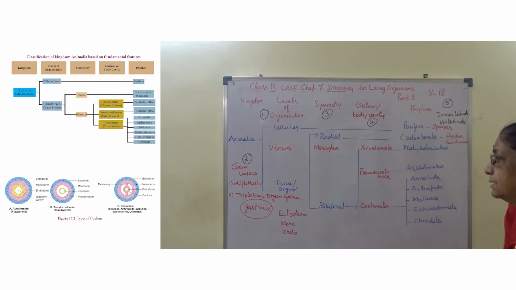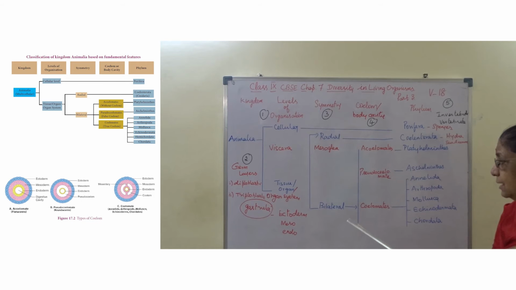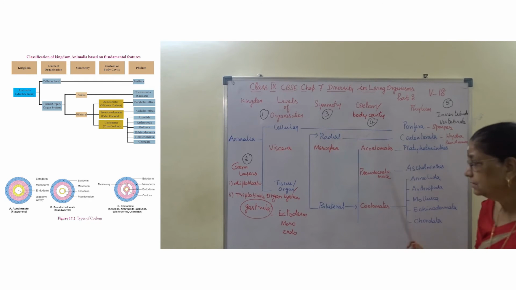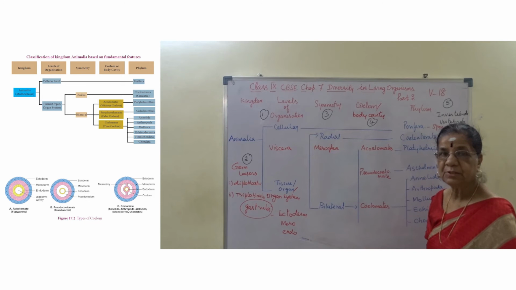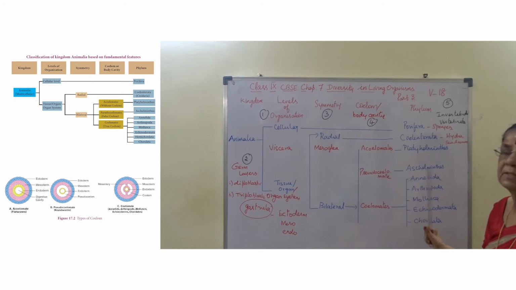Okay, and next one, a triploblastic animal showing bilateral symmetry. Triploblastic animal with the ectoderm, mesoderm and endoderm with bilateral symmetry. They are further classified based on coelom: acoelomate, pseudocoelomate and eucoelomate animals.